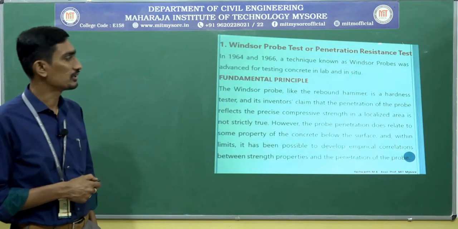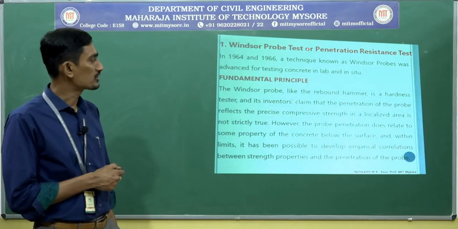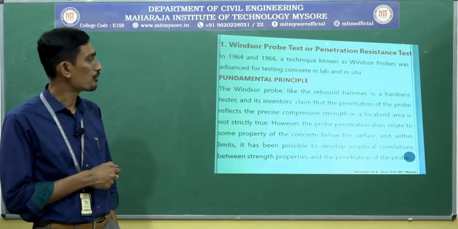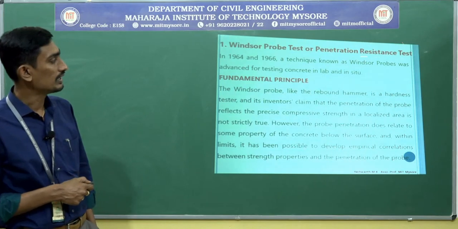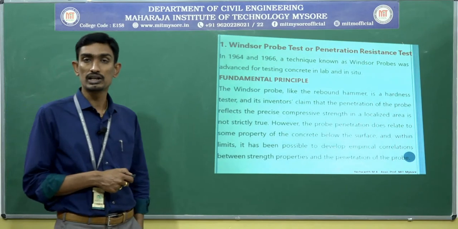Coming to the first one, the penetration technique, that is the Windsor probe test or penetration resistance test. Please underline penetration resistance test. Let us see what that is.